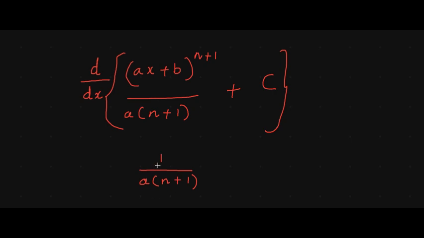When you find derivatives, a constant multiplied by a variable function, you take the constant out and separate it. What you're trying to find is the derivative of (ax + b) to the power of n + 1.